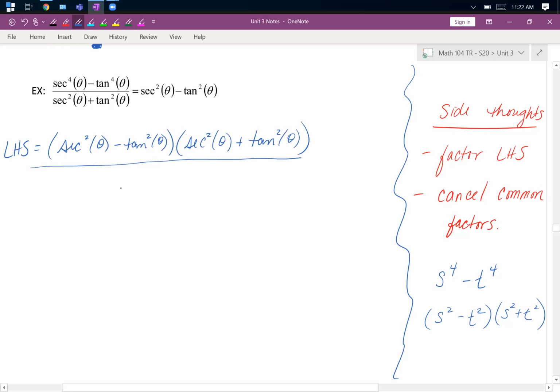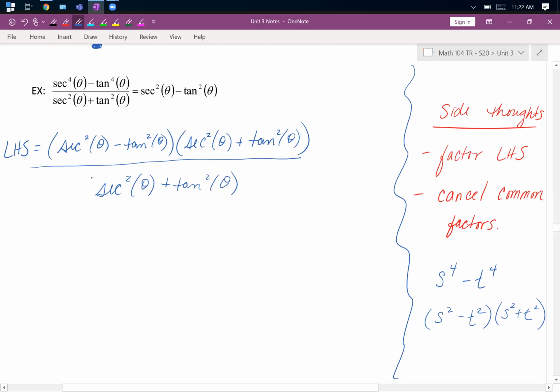Now, technically, secant squared minus tangent squared could be factored further. We have the difference of two squares there that we could apply, but keep in mind, you want to periodically glance to the other side of the equation and think about what we're trying to get to.